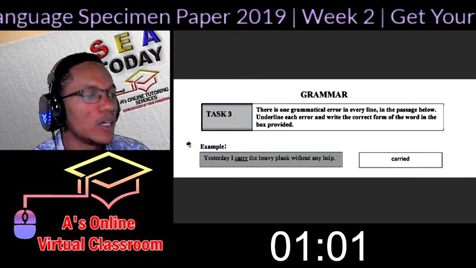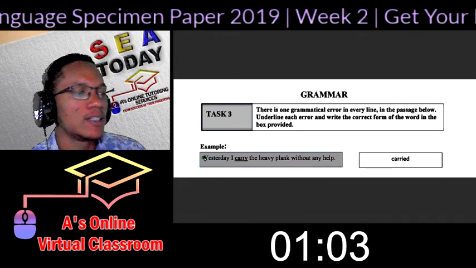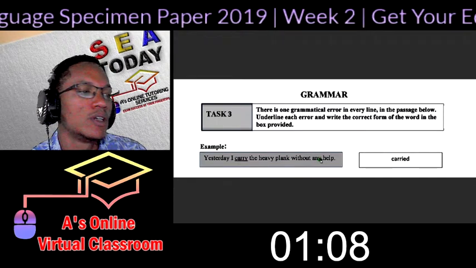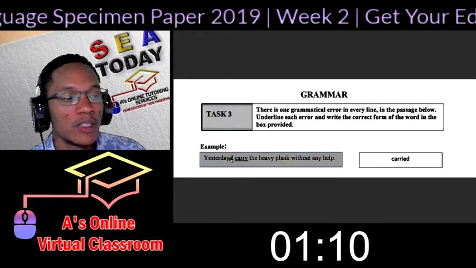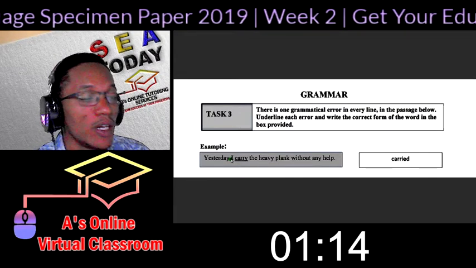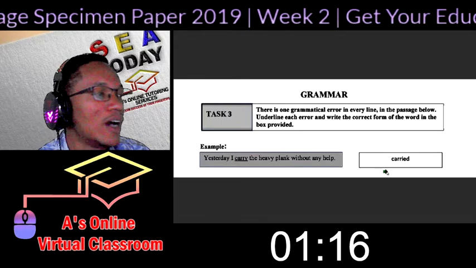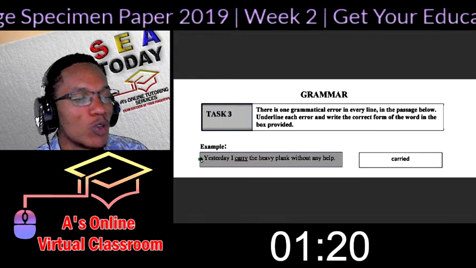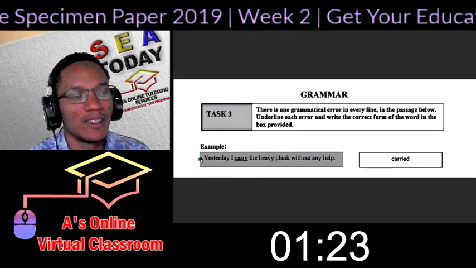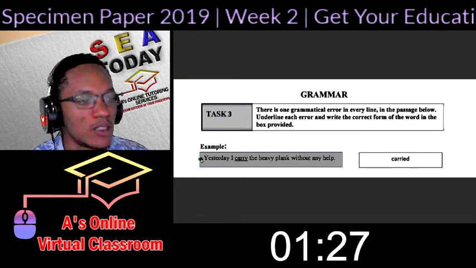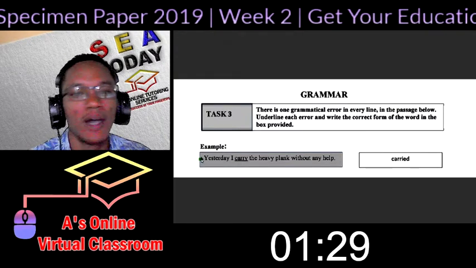The example reads, yesterday I carried a heavy plank without any help. Immediately we could see that they underlined carry, meaning carry is the error. Why? Because the sentence started with the word yesterday, which took place in the past, so the context has to be in past tense.